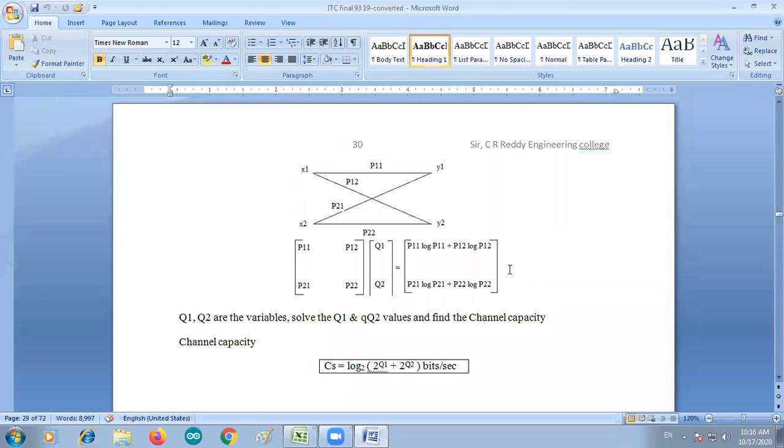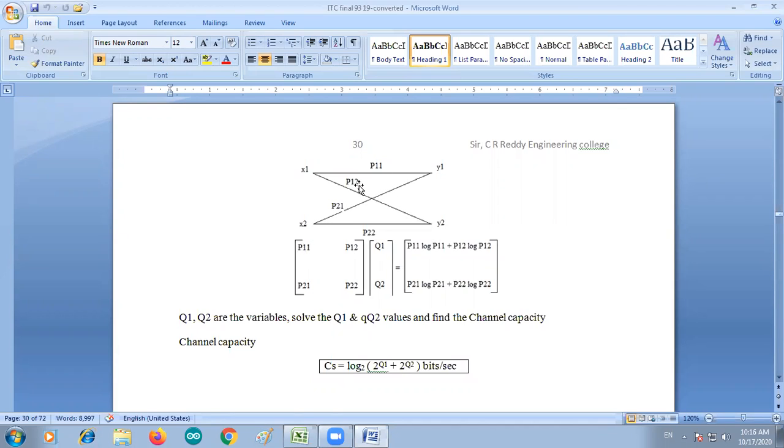To calculate the channel capacity, there is one more alternate method. Suppose x1, x2 are the inputs and y1, y2 are the outputs, and P11, P12, P21, P22 are the paths between x1 and y1, x1 and y2, x2 and y1, x2 and y2.